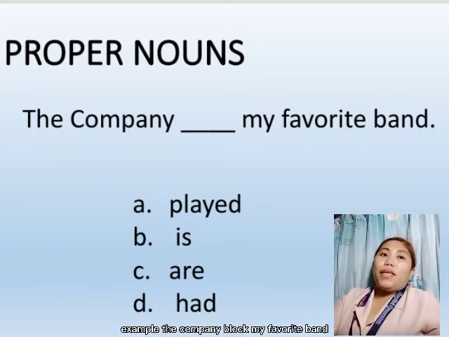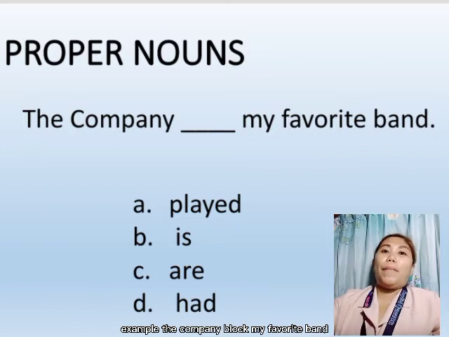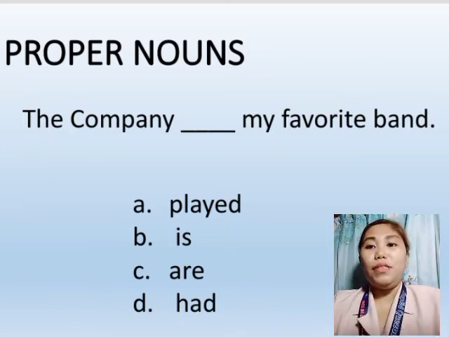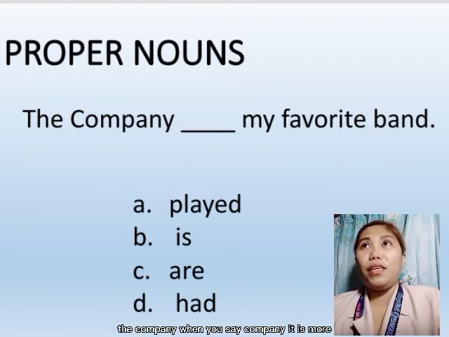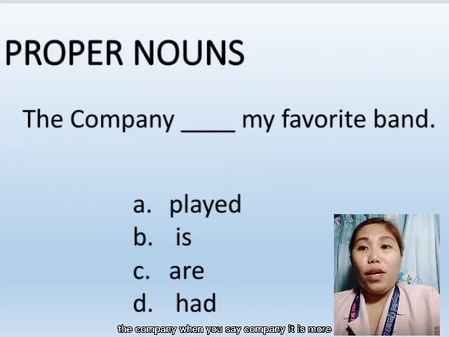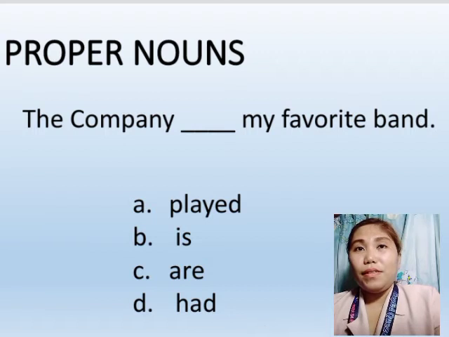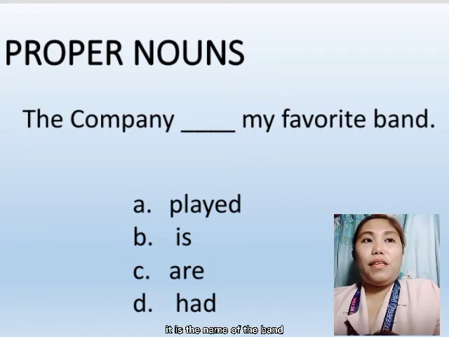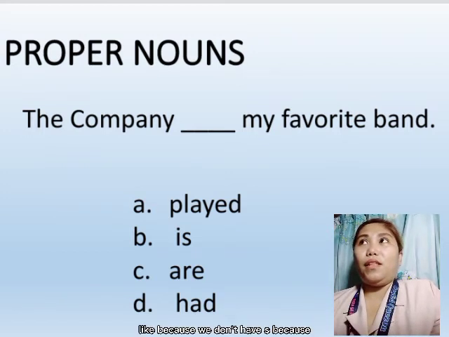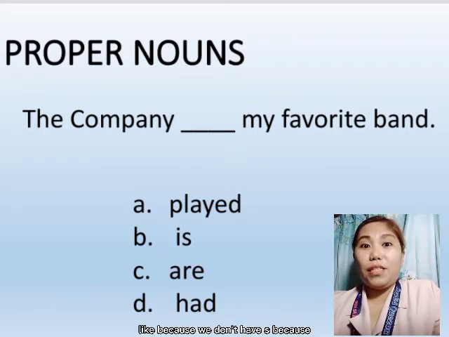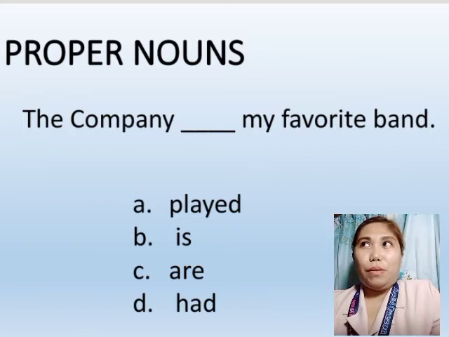Example: the company blank my favorite band. When you say company, it is more than one, but it is the name of the band, like Beatles. Beatles has an S. Beatles is my favorite foreign band.